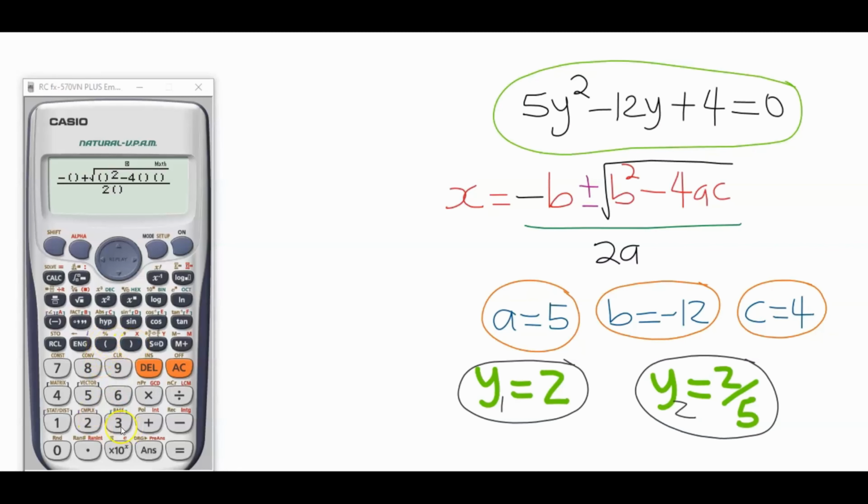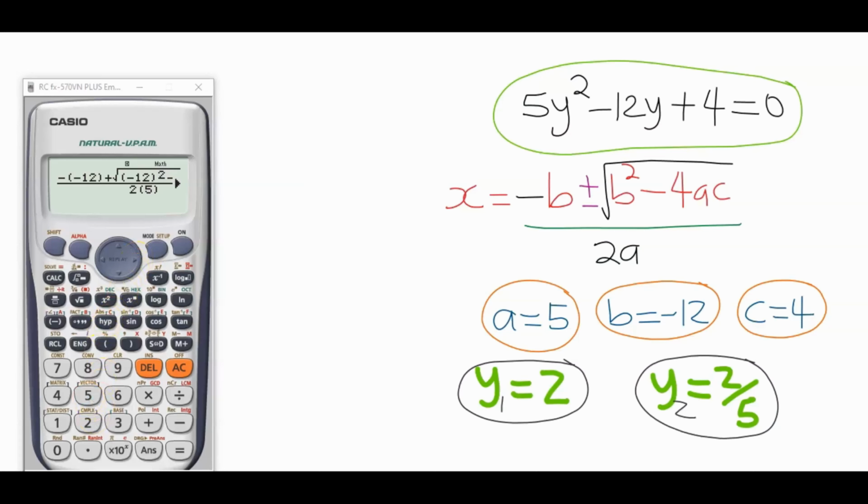At the numerator, b is minus 12, and inside the square root, b is minus 12 squared, then minus 4 multiplied by a. Our a is 5 and our c is 4. At the denominator, our a is 5.